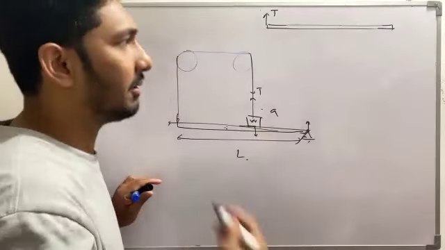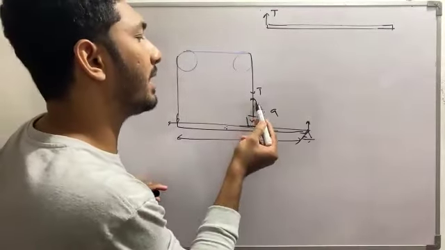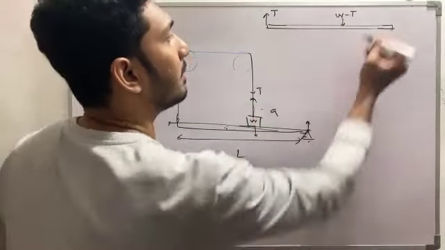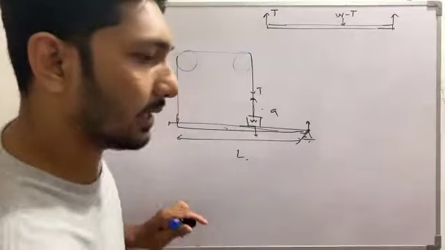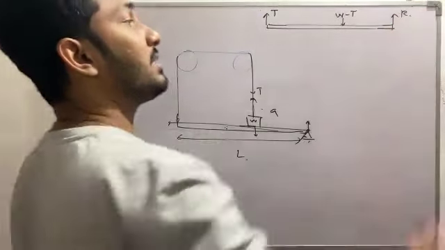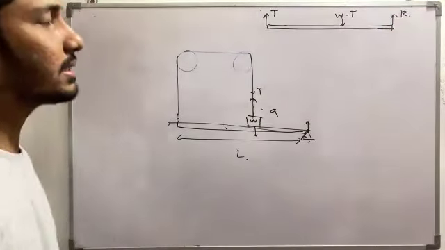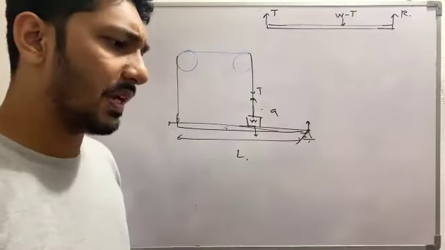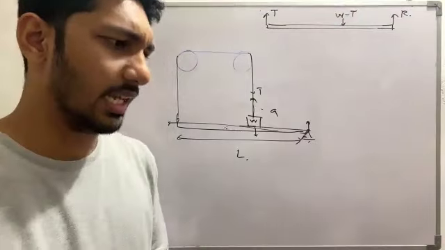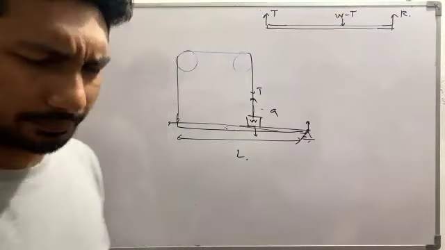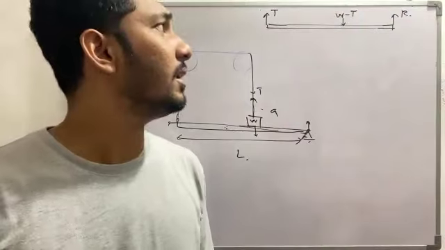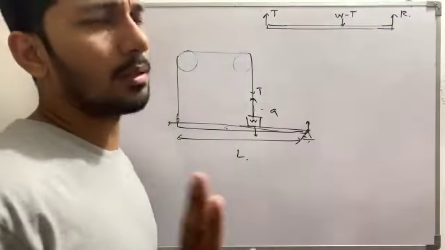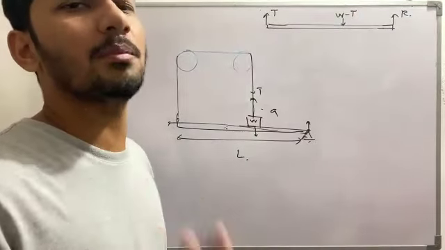If you just keep W, it will be W, but it is pulled by T, no? So here it will be W minus T, and there will be the reaction here. The reaction is the question. First you have no idea about T, so you have to first find T, and then do something about R. In these questions, the basic competency is that you should be able to select a point.